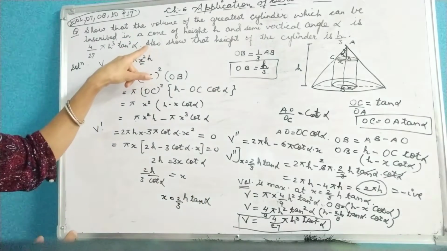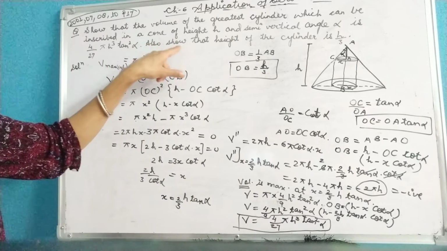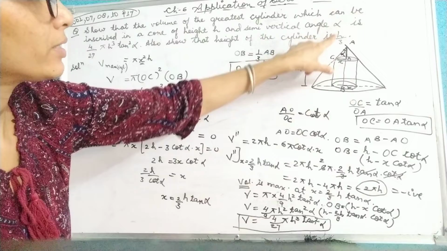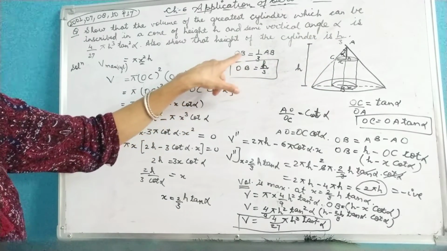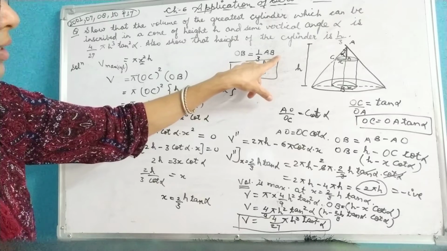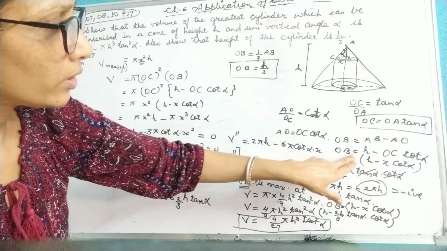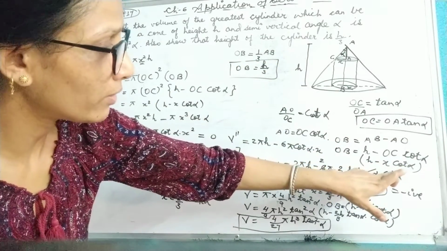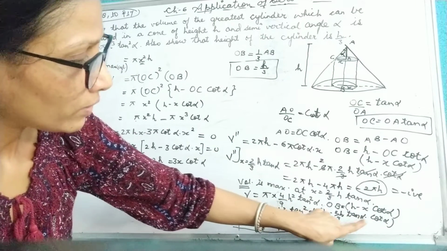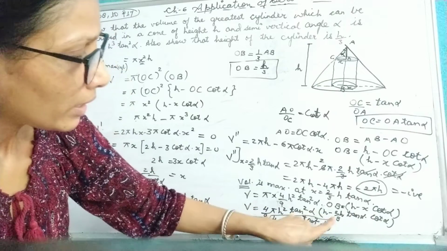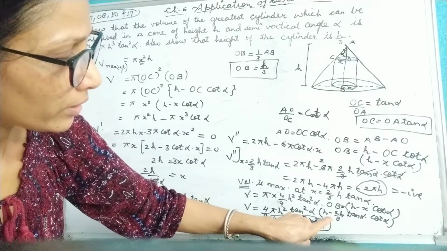Now the second part is given to you. Also show that the height of the cylinder is h by 3. That means you need to calculate here that OB equal to 1 by 3 of AB. So here I have OB equal to h minus x cot alpha. You can directly just put this value over here. So it will be tan alpha and cot alpha gone, and I will get it as h by 3.